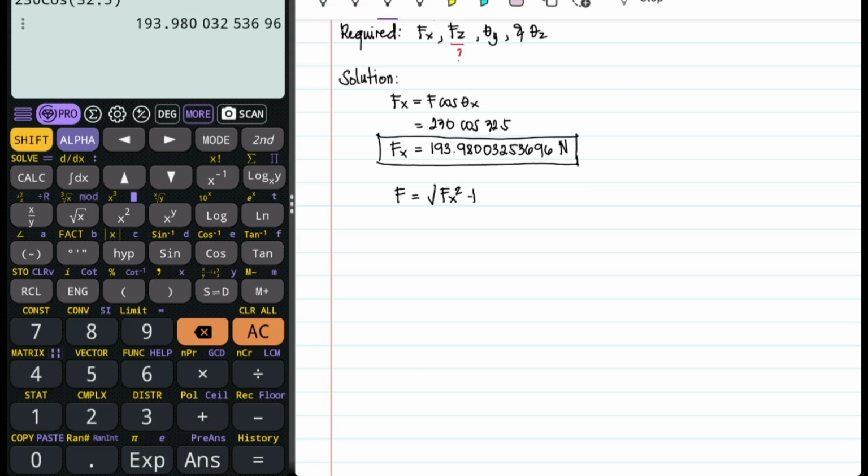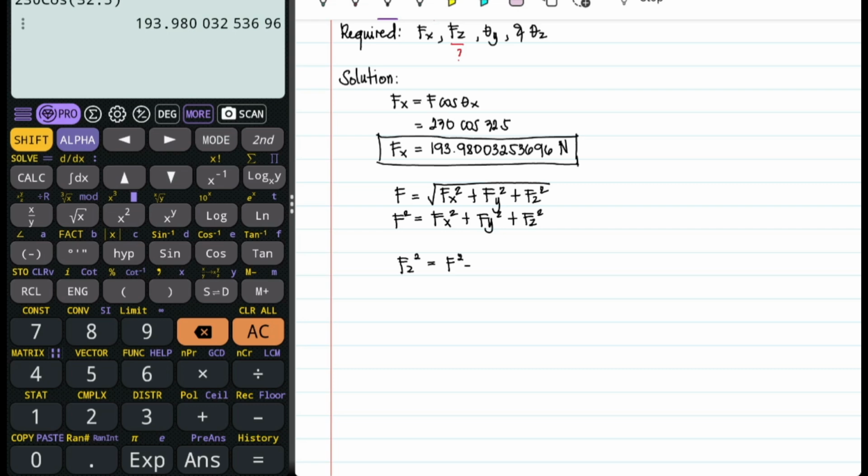That brings us to the extended Pythagorean theorem, where force F is equal to the square root of f sub x squared plus f sub y squared plus f sub z squared, which gives us F squared is equal to f sub x squared plus f sub y squared plus f sub z squared, right?